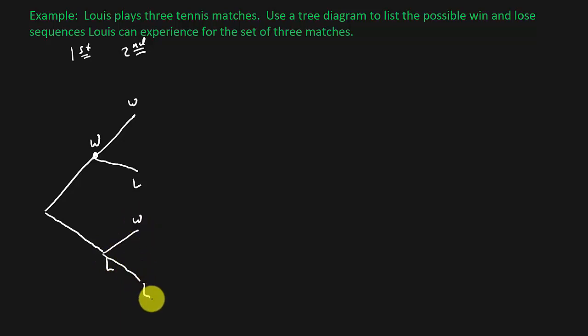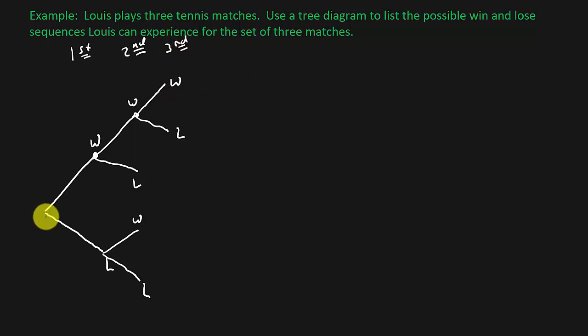All right. Now remember, he's going to play 3 matches, so let's do that. Let's suppose he wins the first match, wins the second match. Then for the third match, he can either win or lose the third match. So this is the third.